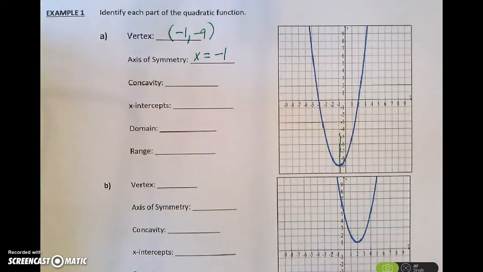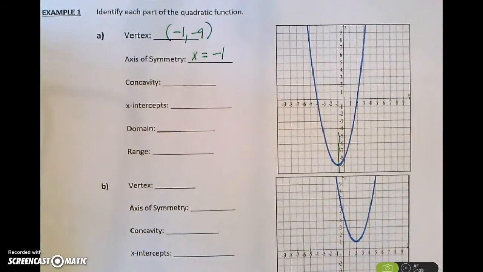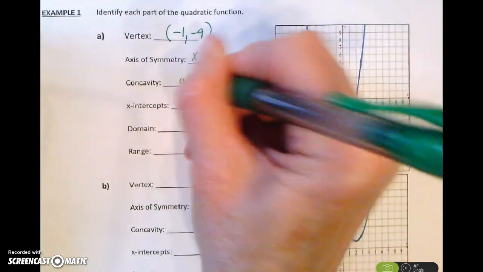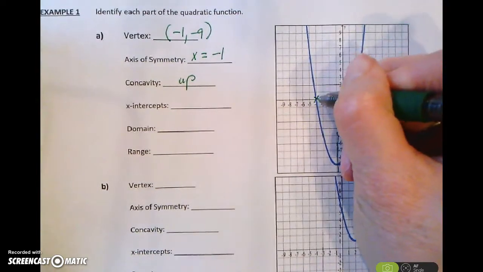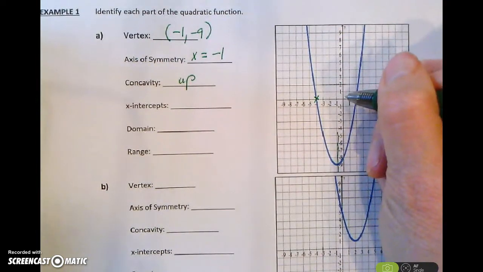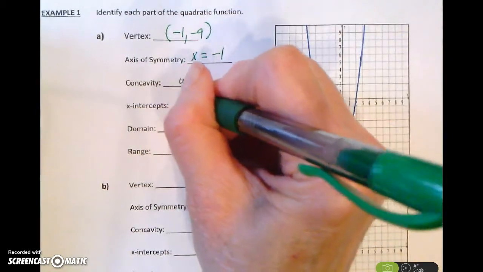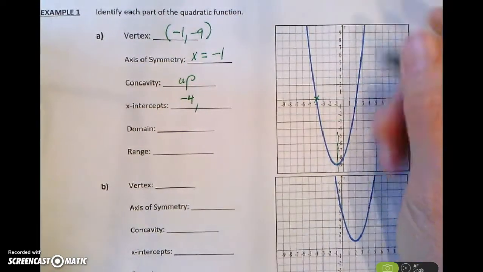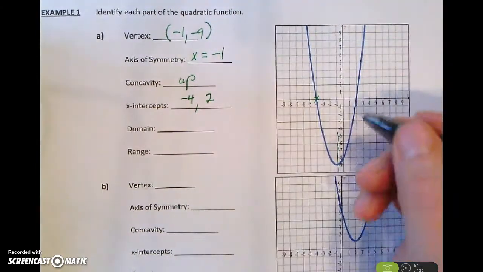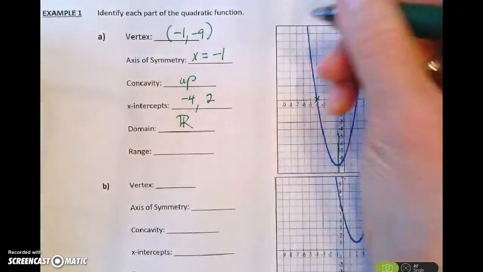You've got to write x equals, or it's not a line. Concavity is up. X-intercepts are where it crosses the x-axis. It looks like it's crossing at -4 and at 2.